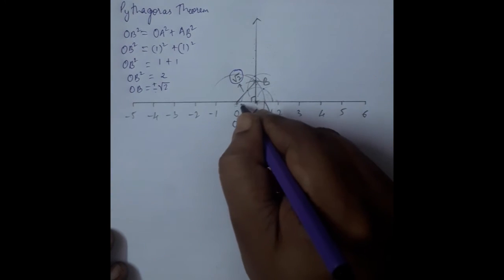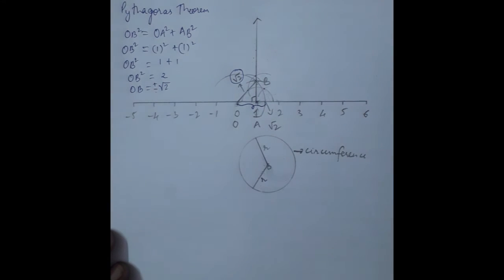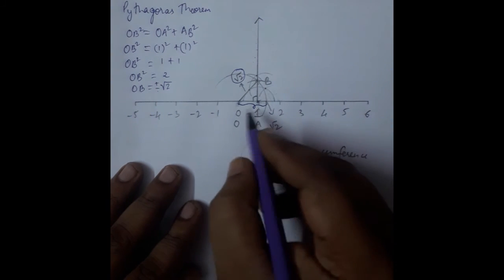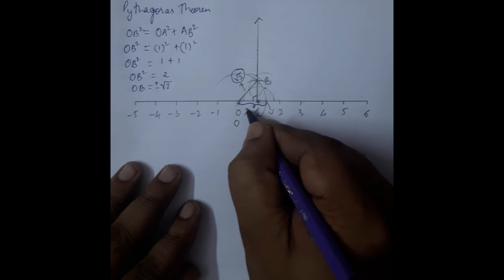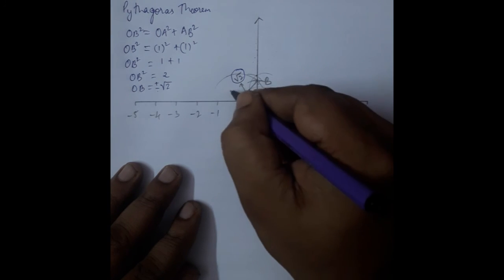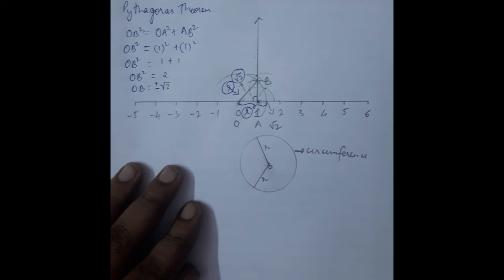This particular point, from here to here, can you see, becomes a new radius like this. Got it?